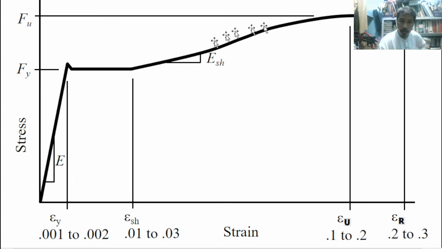Okay, so this is the what? Strengthening portion. So yield, again ultimate. And for the strain, we have epsilon U, epsilon R. R is for rupture. Okay. So E epsilon is strain hardening. So strain hardening.